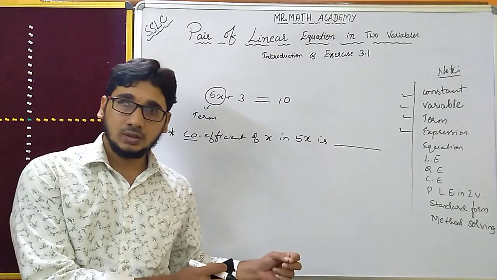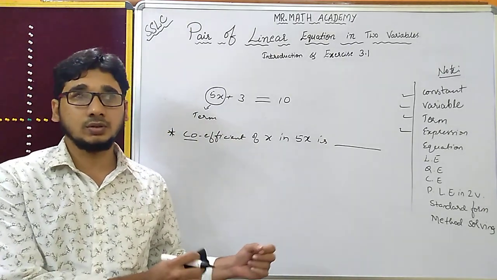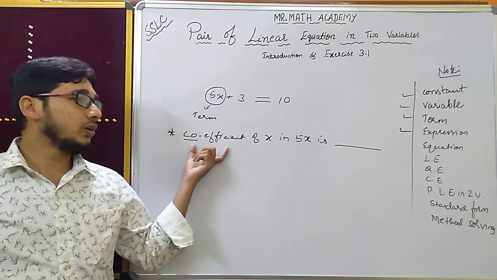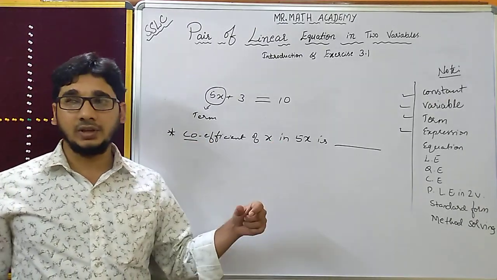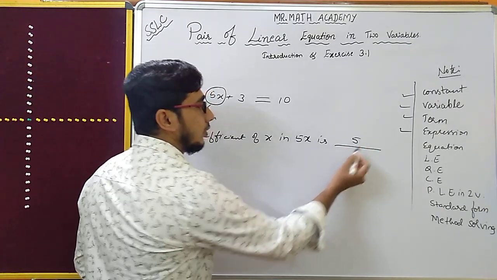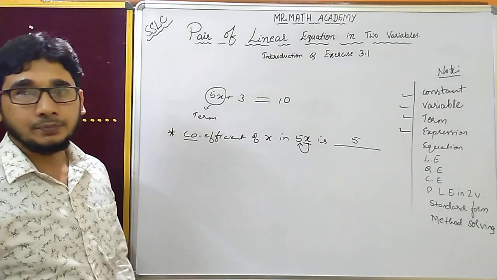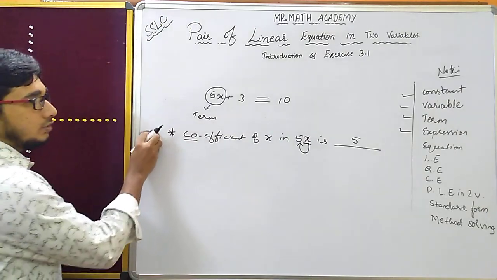Next to x there is a relation, that we call a coefficient. So for this one, the coefficient of x in 5x is 5. Here x is there, and its coefficient is 5.